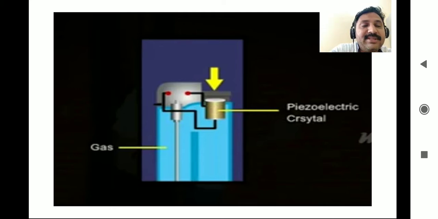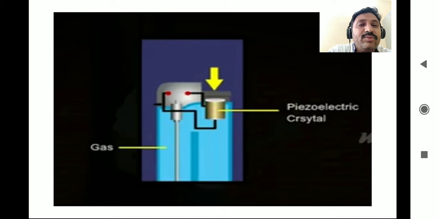Here one example is given, piezoelectric crystals. The arrow indicates the force given. Because of the force, the piezoelectric material generates a stress. Two black wires are connected to the piezoelectric material. On the lower side, the gas is placed.